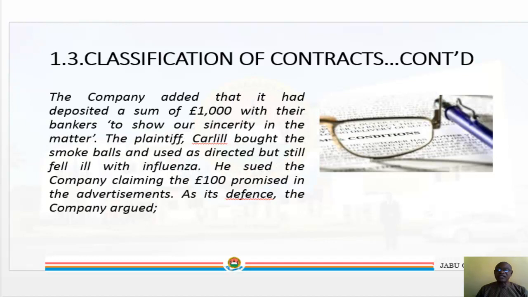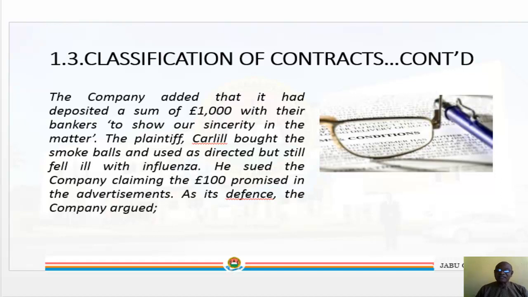The company added that it had deposited a sum of £1,000 with their bankers to show their sincerity in the matter. The plaintiff, Mrs. Carlill, bought the smoke balls and used them as directed, but still fell ill with influenza. She sued the company claiming the £100 promised in the advertisement.